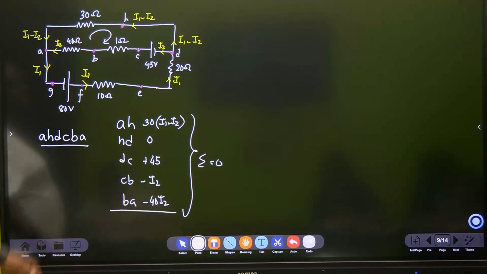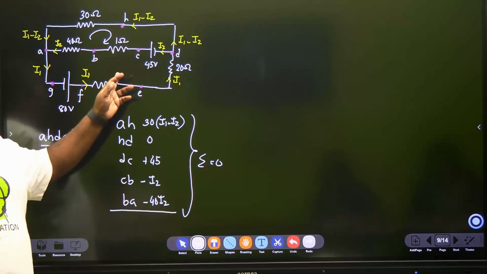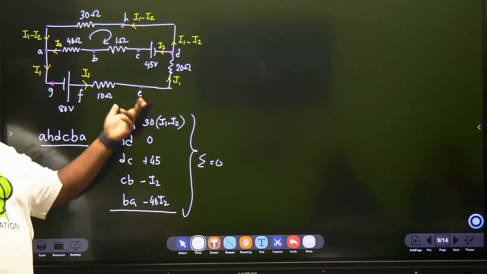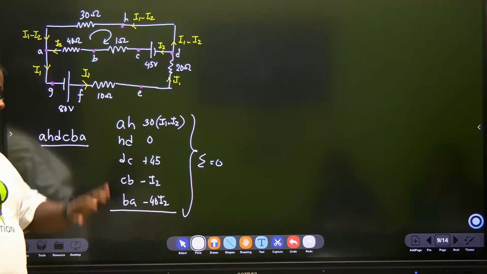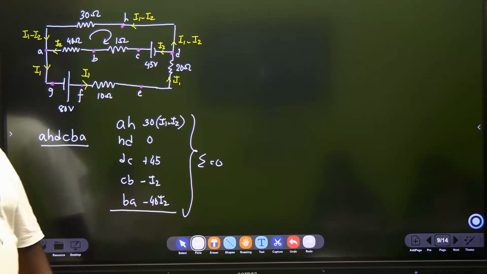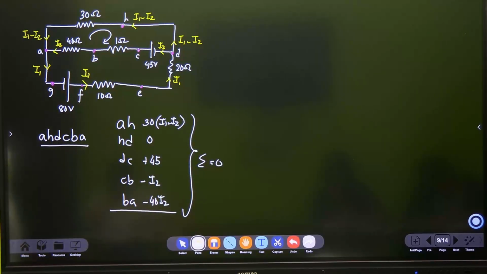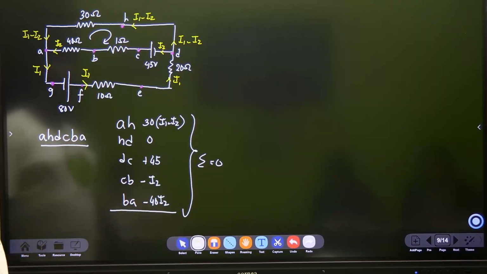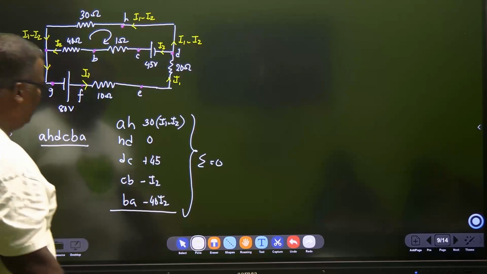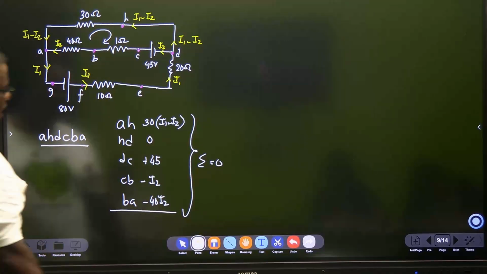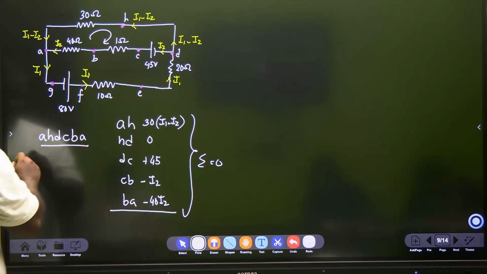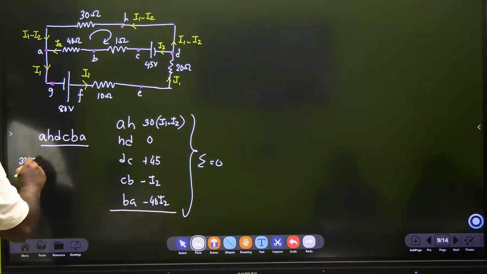Okay? See, every time you need not have only this one and this one. You could have taken the external one also. Nothing stops you. Which one are you taking? Next loop? Okay, you want to solve this? Just keep the equation ready. So we have a 30 I1 and the rest are all I2. So I have 30 I1.